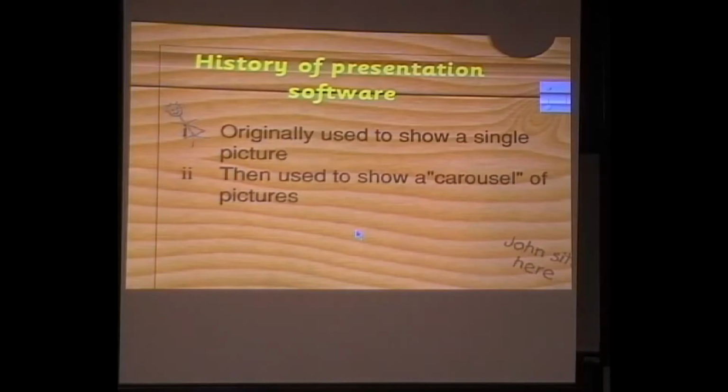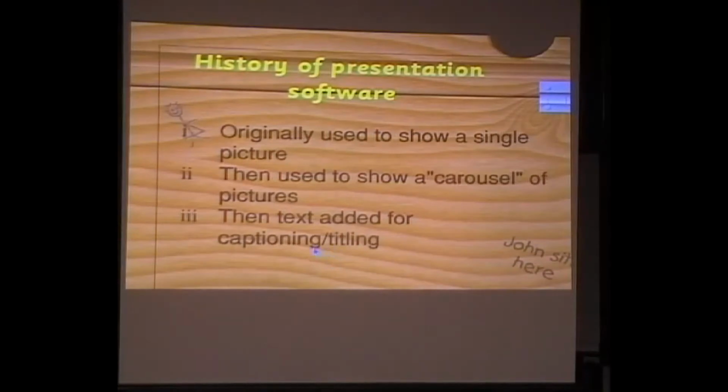And I think up to about 10 years ago, if you went to some exhibitions, that's what we had. Just a whole set of slides in a slide projector with a timer on. Next, so again, still just pictures. And then I think it went for the big stuff. Text adder for captioning and titling. I know we've got some slides at work, which say, I think we're done with this CRT and the 35mm camera thing.